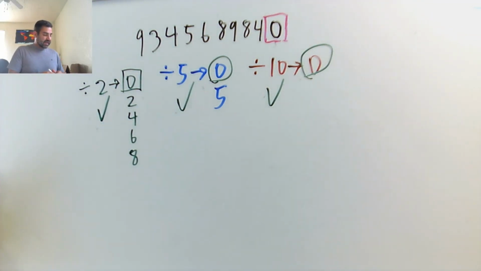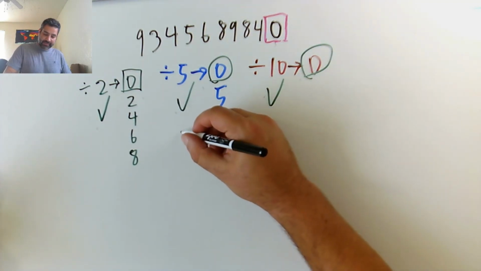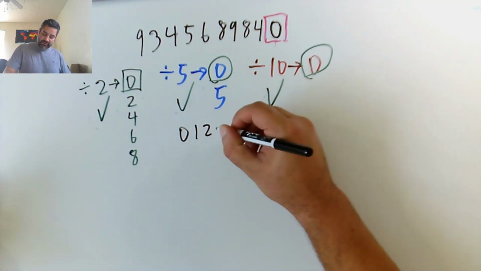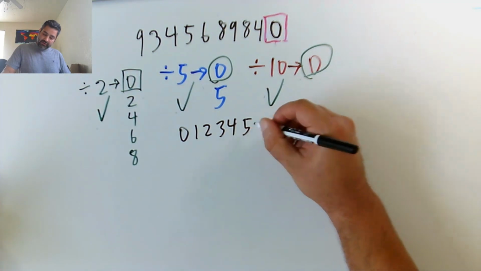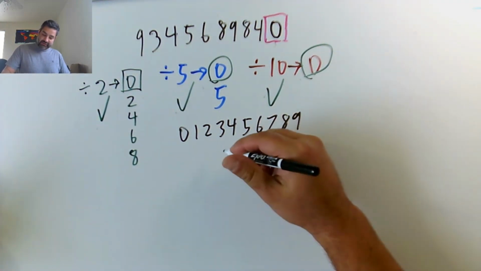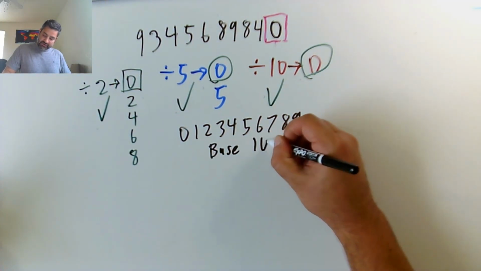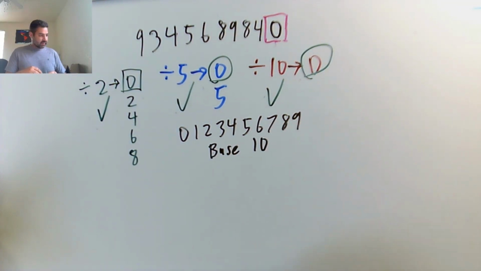Now, the reason why that happens is because we have a base 10 system. 0, 1, 2, 3, 4, 5, 6, 7, 8, 9. Meaning that we have 10 different digits for our number system. The one thing the whole world agrees on, except for the Sumerians.